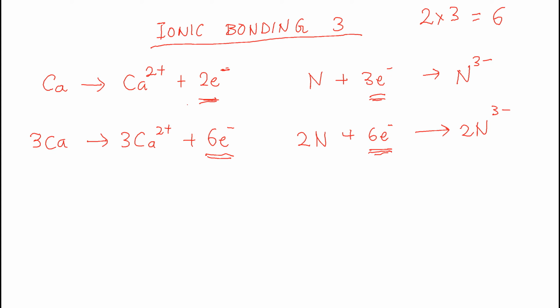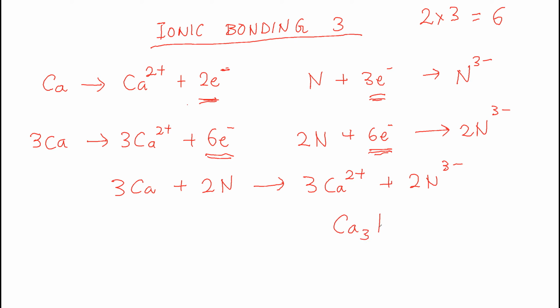So effectively what we have is 3 calcium atoms combining with 2 nitrogen atoms to give you 3 calcium ions and 2 nitrogen ions. So the final chemical formula is Ca3N2.